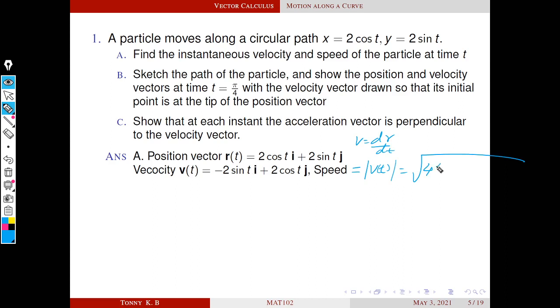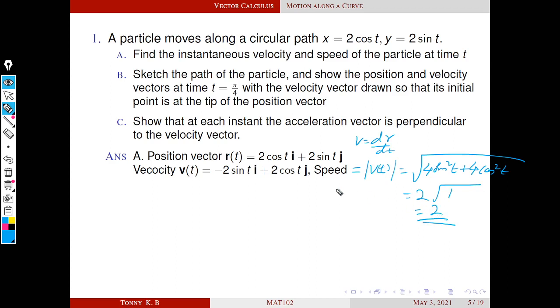Its square is 4 sin square t plus 4 cos square t, and 4 is common, you can take outside, and there is a square root, so this becomes 2 times square root of sin square t plus cos square t, which is 1, so this is equal to 2. So the speed is always 2.